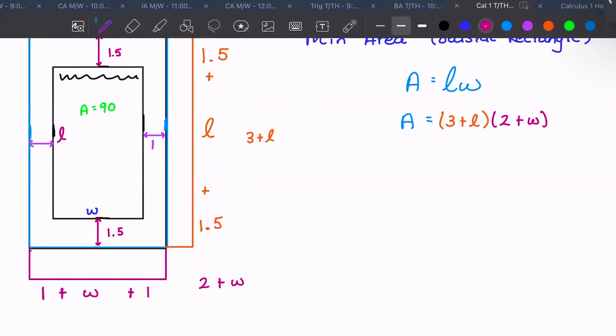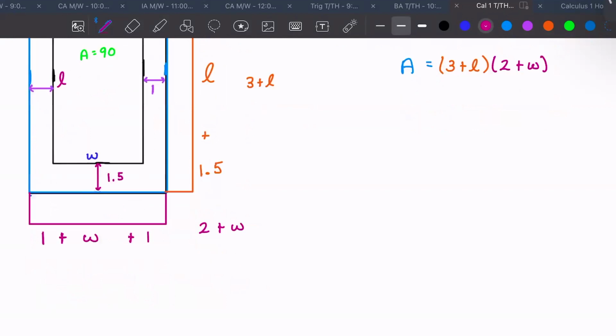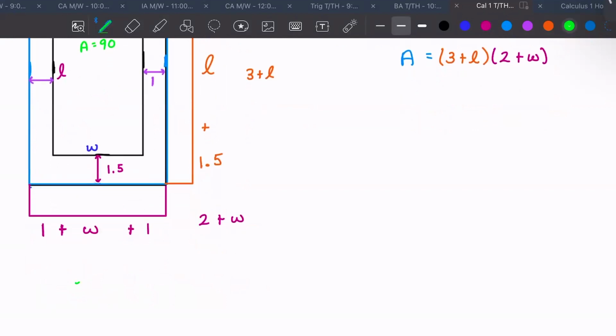Now, we still have an L and a W, right? But we know something about the inside. We said that the inside rectangle, that area is 90. Length times width gave us 90, right? So we can solve for L. And L is 90 over W, right?